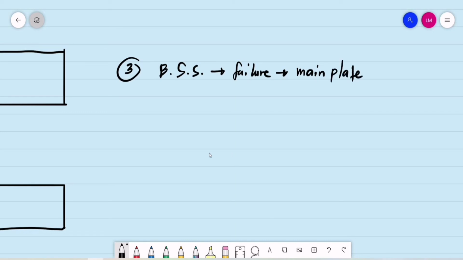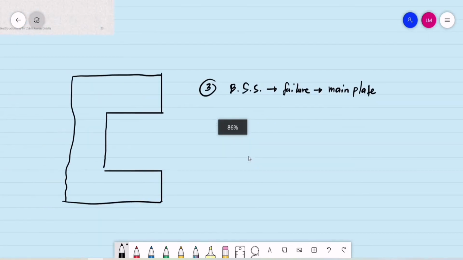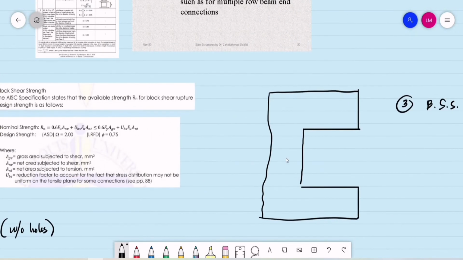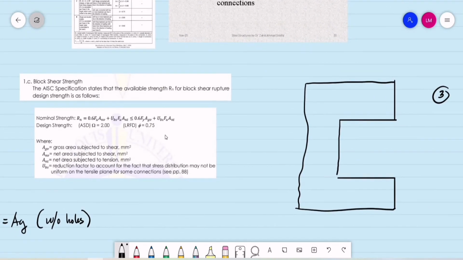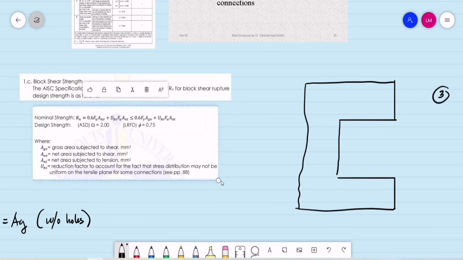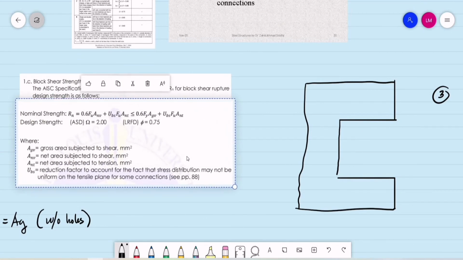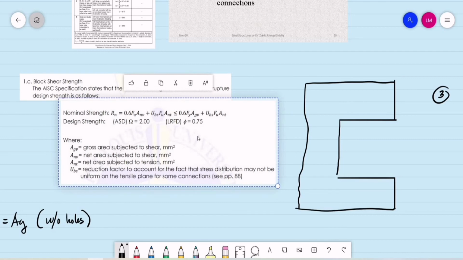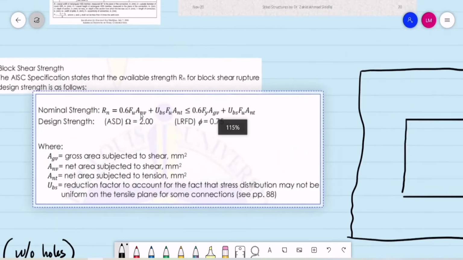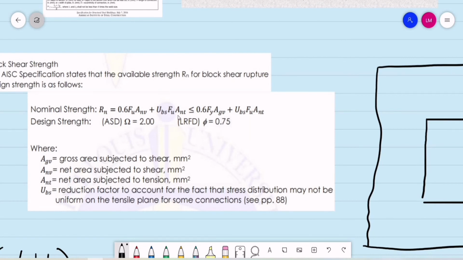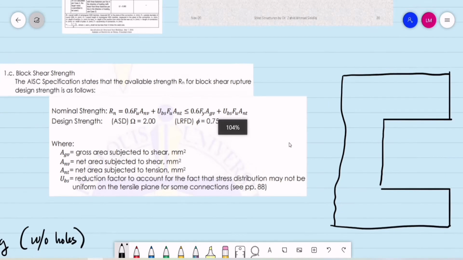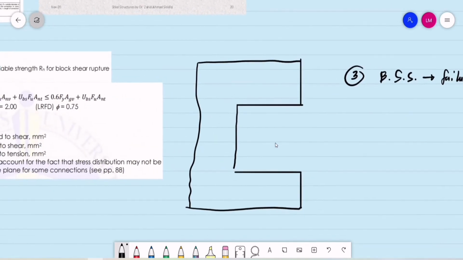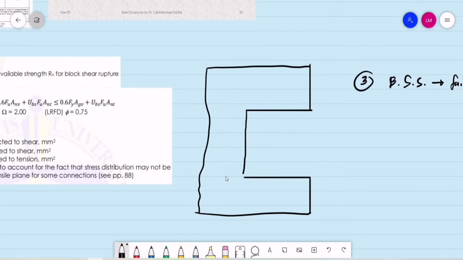So consider the main plate being ruptured. So from these equations, let us first clarify what is A sub NB and A sub NT. A sub NB are the areas that will resist shear.